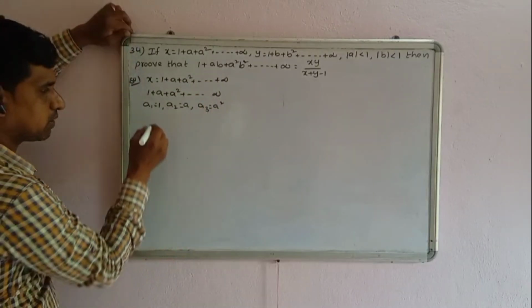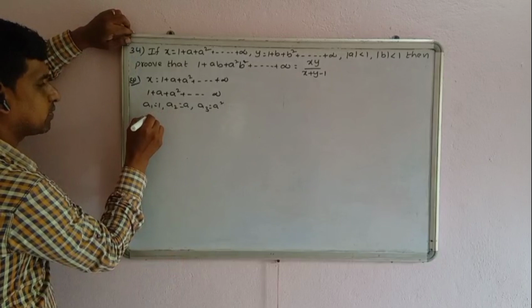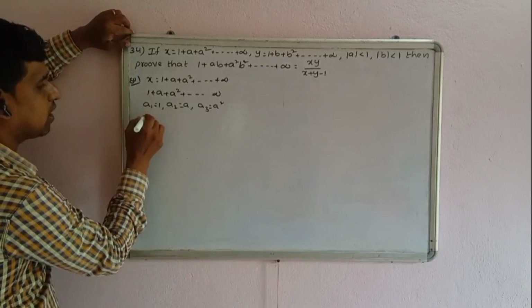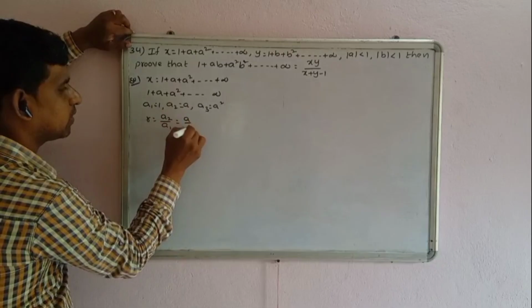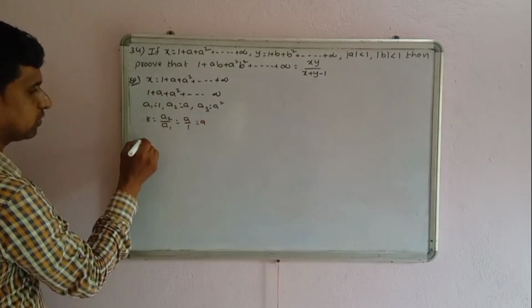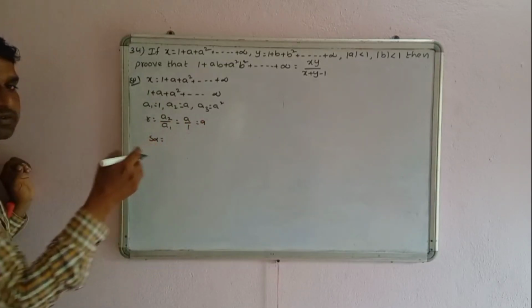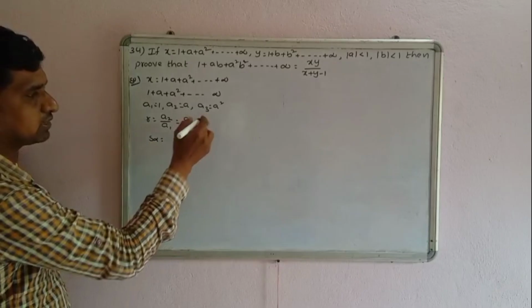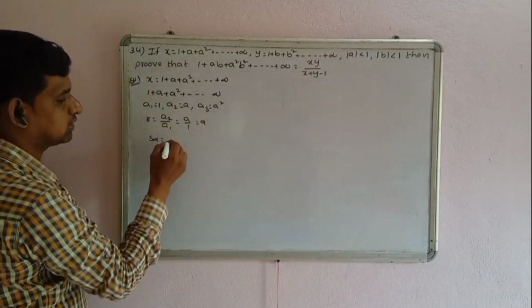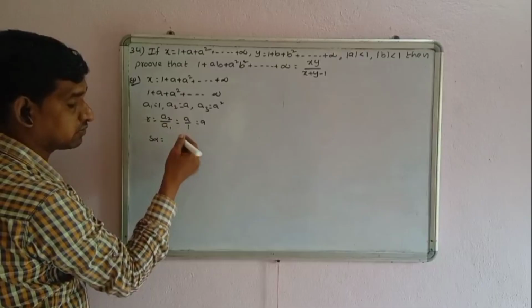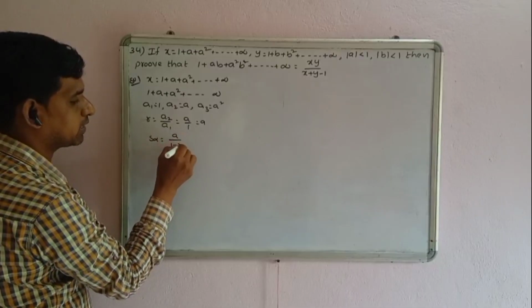First find the common ratio, that means r. What is the formula of r? r equals a2 by a1, that is a by 1, which is a. Therefore the S infinity formula: since the absolute value is less than 1, the S infinity formula is a by 1 minus r.